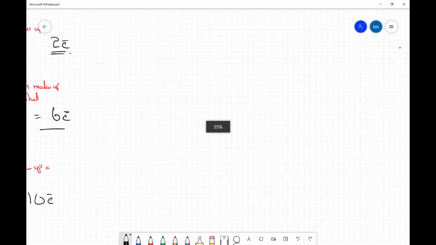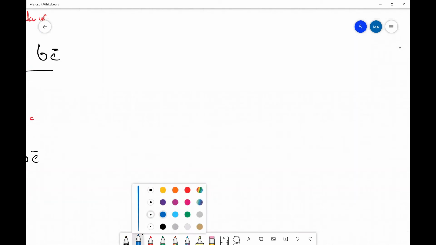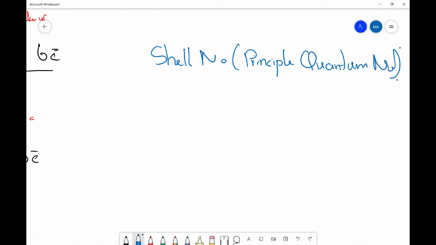You should know how to write these electrons, how to write a shell number. It is also known as principal quantum number. So if, let's say, the standard notation is 1s2.